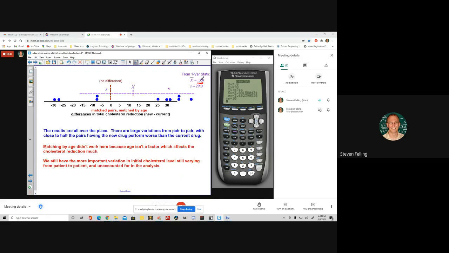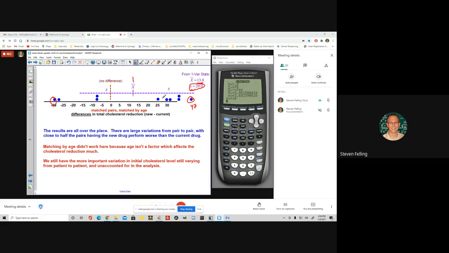which suggests that the new drug is better, but the standard deviation is really big again. It hasn't reduced at all. It's still 29. So even though this mean is up here at 13.8, the standard deviation is practically 30, which means that it could go well down in here into the negative numbers, which means that the old drug would be better, right? In fact, if you look at where all the individual patients landed, we had values from the new drug being as much as 47 points better to the new drug being 30 points worse.